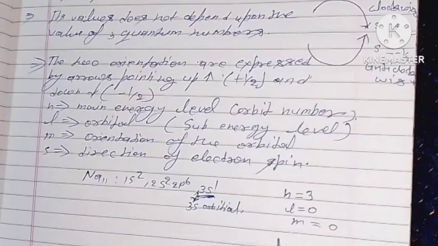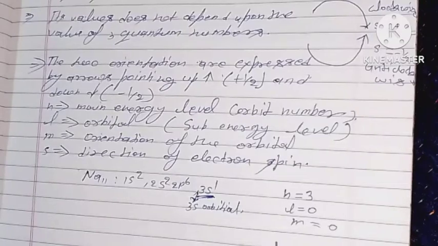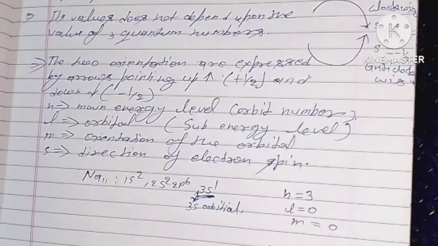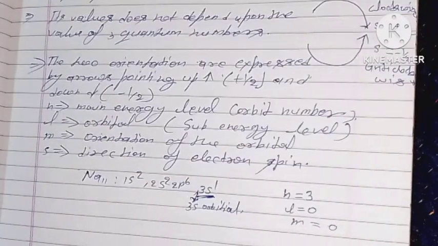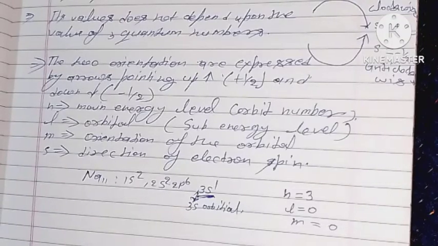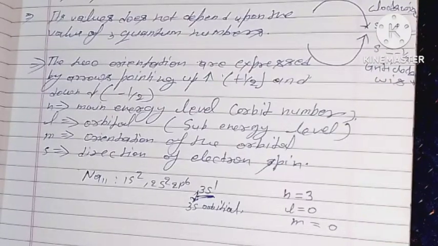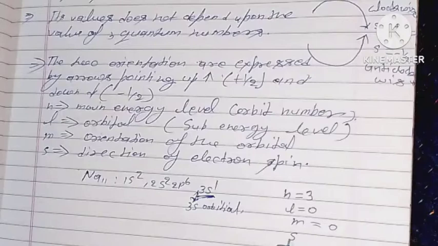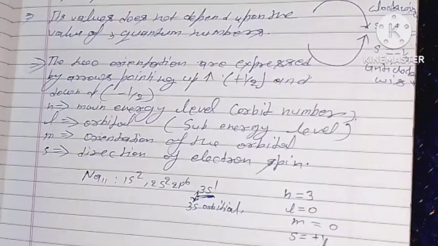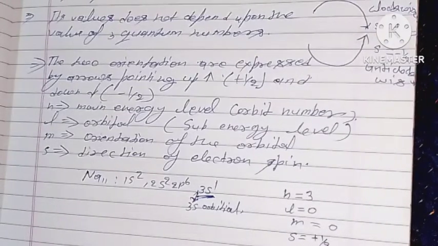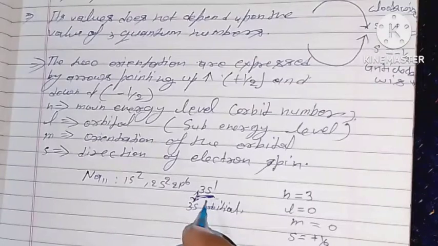In each box of an orbital, a maximum of 2 electrons exist. For the first electron, s will be plus 1 by 2, and for the second, s will be minus 1 by 2. The last electron of the sodium atom is the first in the 3s orbital, so the value of spin quantum number will be s equals plus 1 by 2, because only one electron is present in the last orbital.